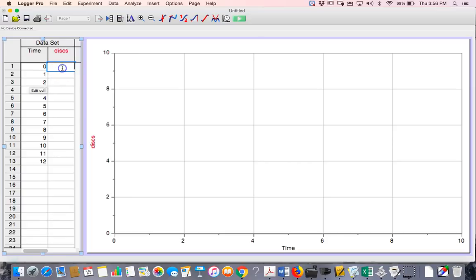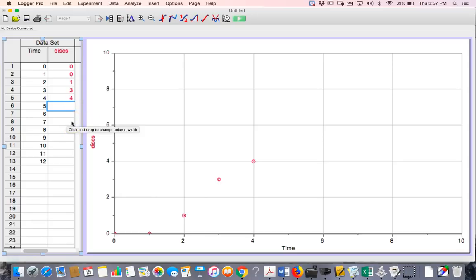So I want to put in some values. I had no disks, and again, I'm just making up some data. You can put in some data to do one. And then the first disk for me was in 2 minutes, and then maybe there were 2 disks that floated in 3 minutes, but I have to count the one that's already floating. Remember, this is a cumulative type of counting we did here. 3, and then another one, 4, and then there were maybe 2 more.